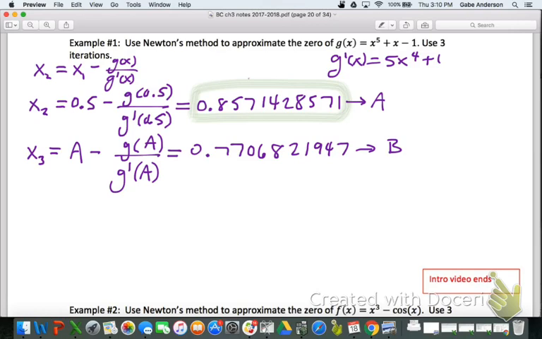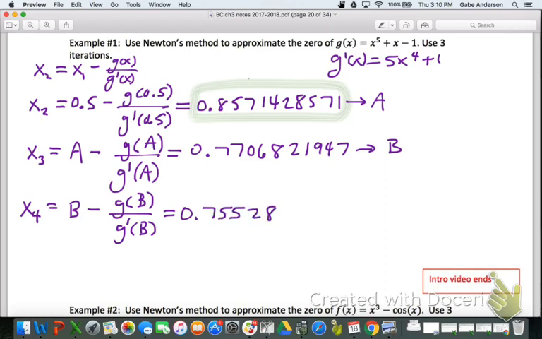So that would look like this. x4 equals B minus g of B over g prime of B, and I'll use my calculator to figure out what that is. Okay, so this time I got 0.7552829531. You can see that the difference between our third attempt and our second attempt certainly decreased quite a bit.